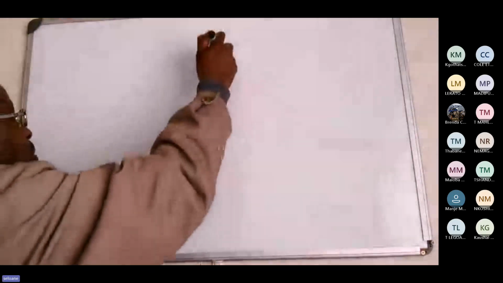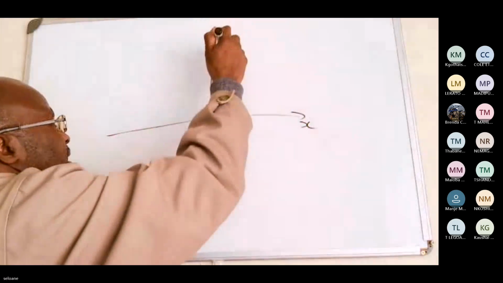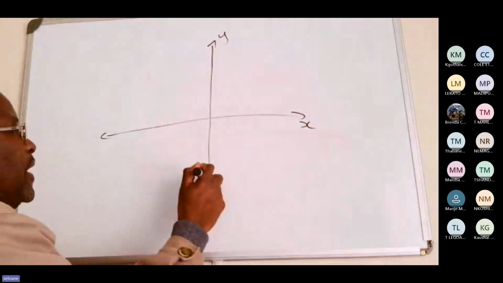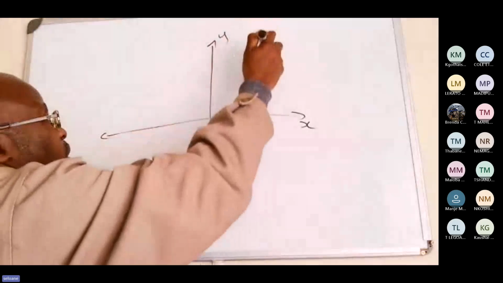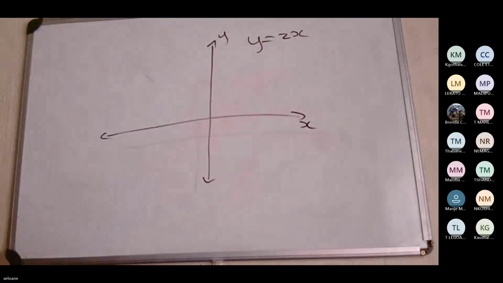Say again, you have got a Cartesian plane like this. There is y here. Say y is equal to 2x. Can you sketch this?